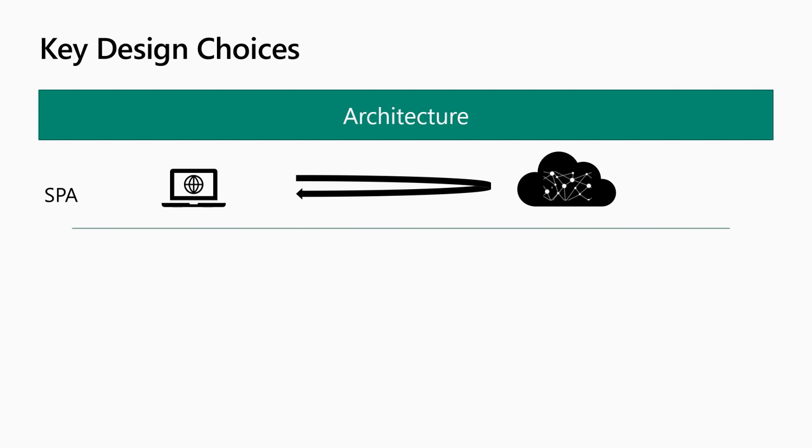When you're building a web app, obviously SPA is a very popular approach, and you can sort of think of a lot of the constraints around building a SPA against Graph as similar to the mobile device, because it is a public client. So you have the same challenge of delegated access is all you get. You can only access what the user themselves have access to. You also have the benefits of scalability, because we have a big cloud, Graph Cloud, out there.